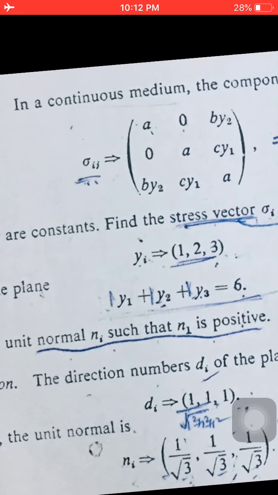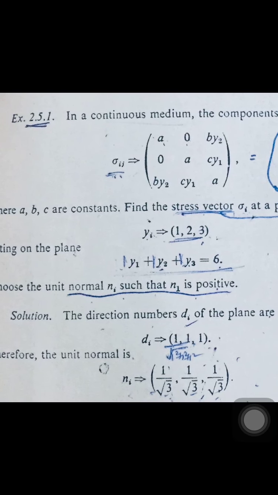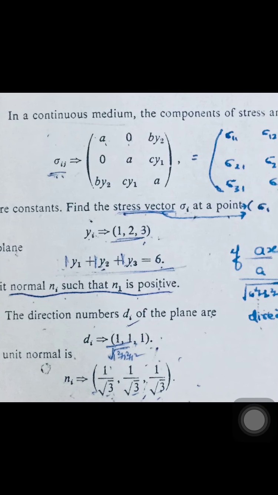So we get the normal component and the shearing component, and now we apply this to numericals. Here we consider a numerical. In a continuum medium, the components of stress are given. Sigma ij is given by an order 3 matrix.